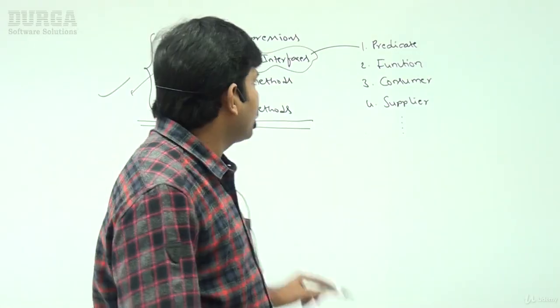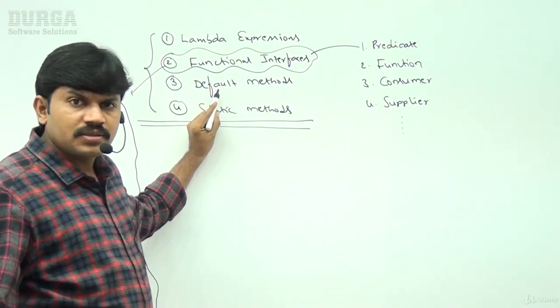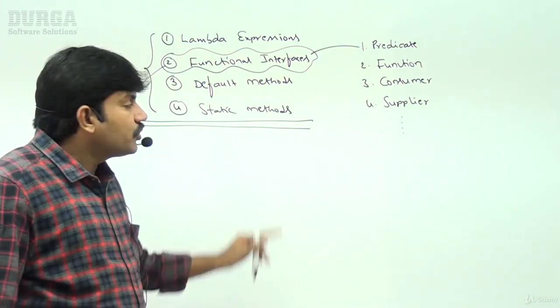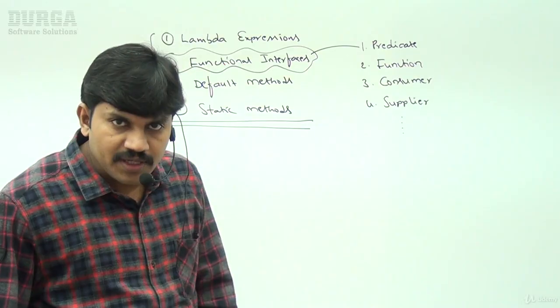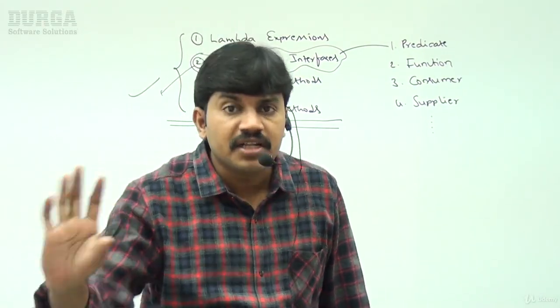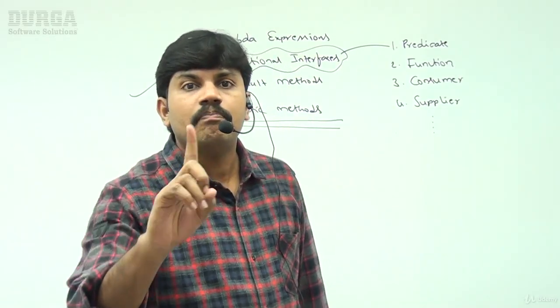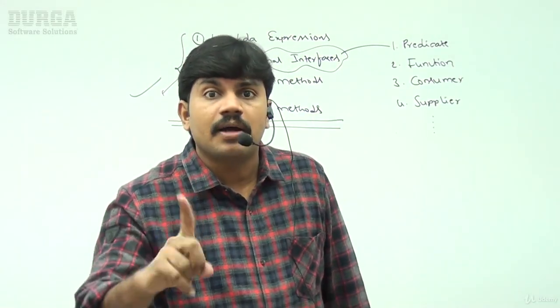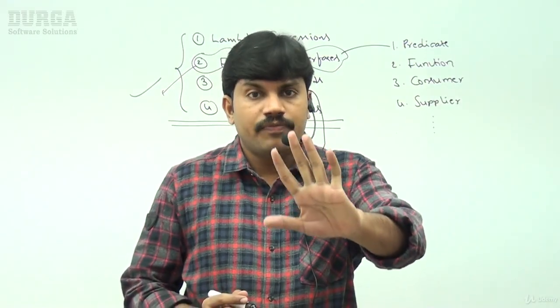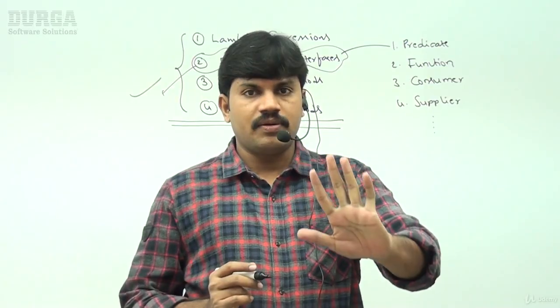Is it possible to take default methods inside a functional interface? Yes. Is it possible to take static methods? Yes. So inside a functional interface we can take any number of default methods and static methods, but it must contain a single abstract method. Is it clear? Such interfaces are called functional interfaces.